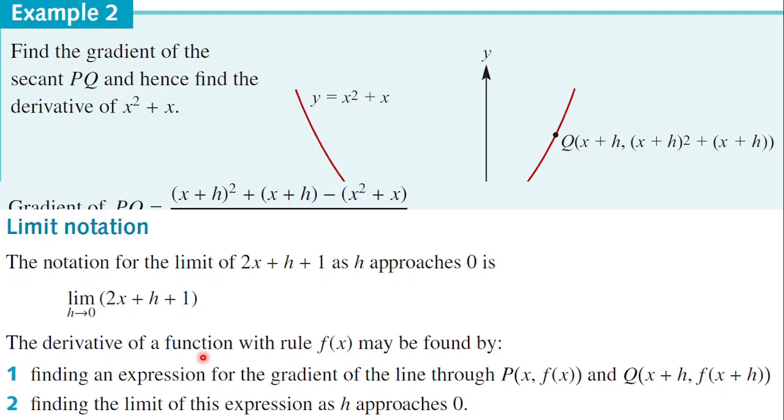So to find the derivative of that function, first you determine the gradient between P and Q. P is on the curve, Q will be on the curve but away by an h amount. You simplify that expression, and then you find the limit when h approaches 0. So that's the general technique.